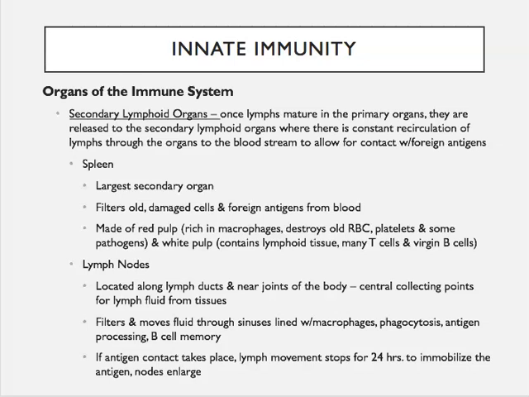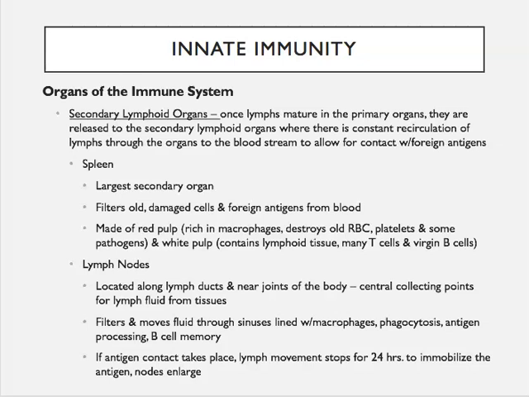Okay, your secondary lymphoid organs. So once the lymphs mature in those primary organs, they're released to the secondary lymphoid organs, which again includes the spleen, lymph nodes, cutaneous associated lymphoid tissue, abbreviated as CALT, and then your MALT that was mentioned just a minute ago in the respiratory, GI, and urogenital tracts. So you've got constant recirculation of lymphocytes through the organs to the bloodstream.